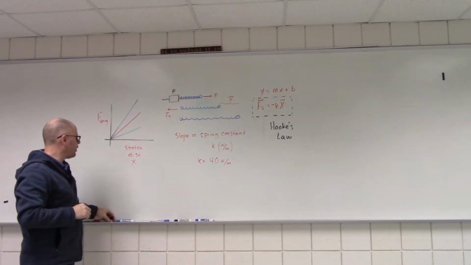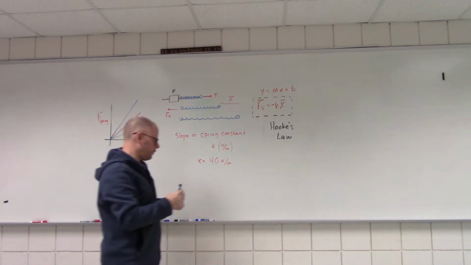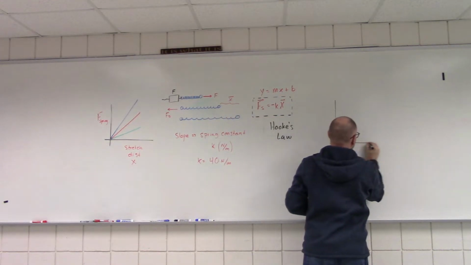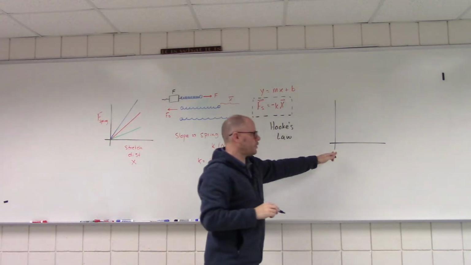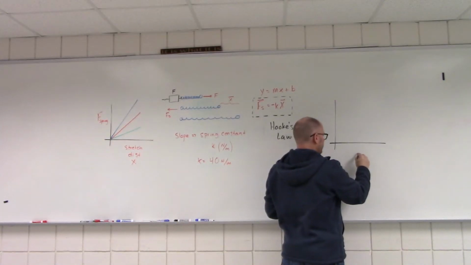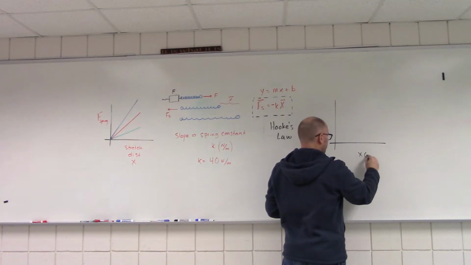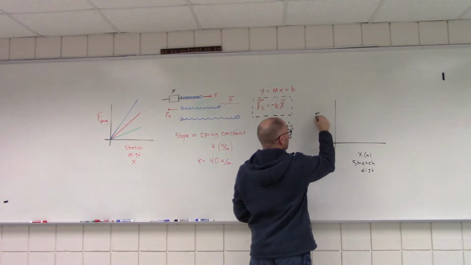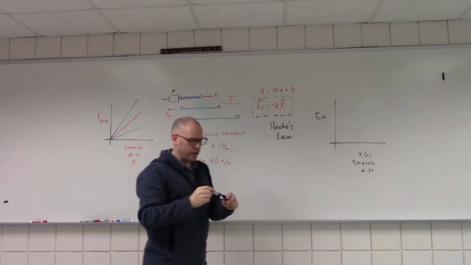So I'm going to take this and I'm going to redraw it down here. So this axis again is the force, oh no, this is the stretch distance. And this one here is the force by the spring measured in newtons.